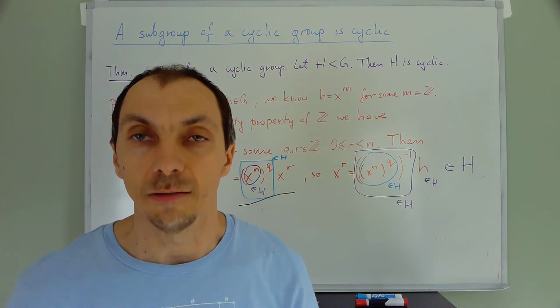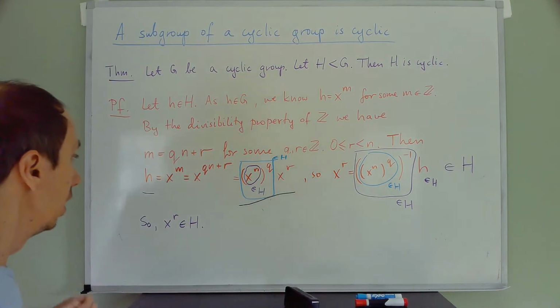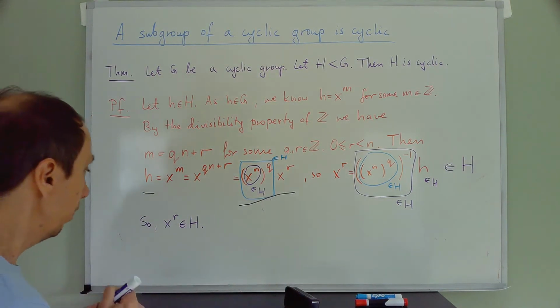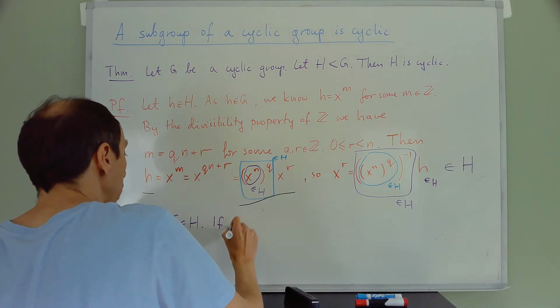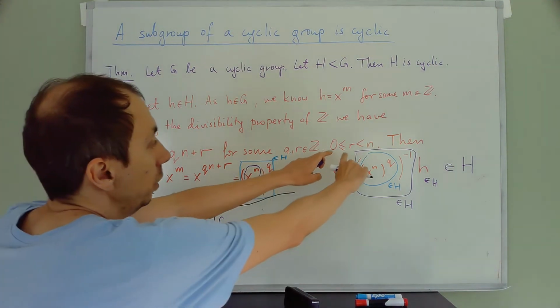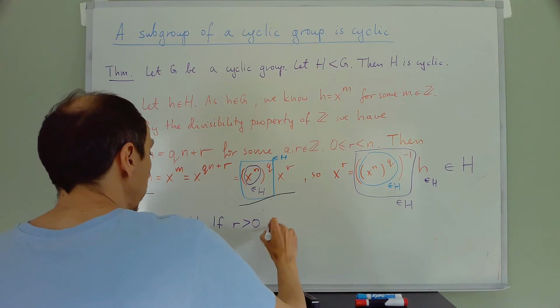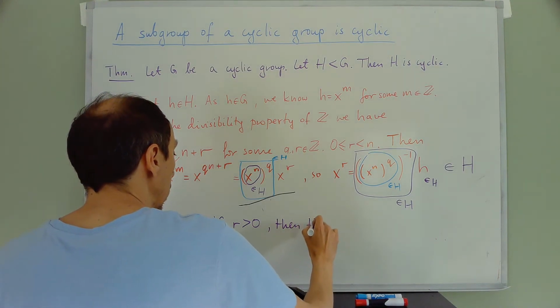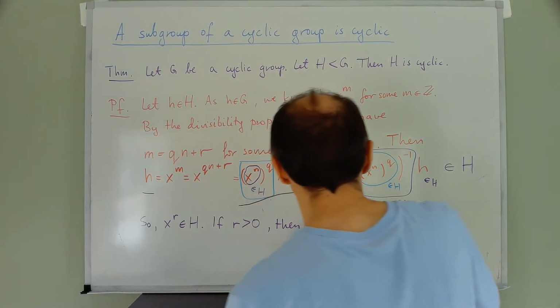Okay, so now let's see what this tells us. If r is positive, right, that's one of the options, then this contradicts the minimality of n.